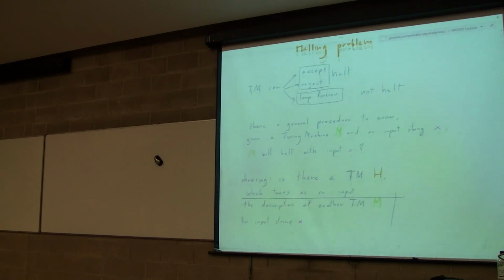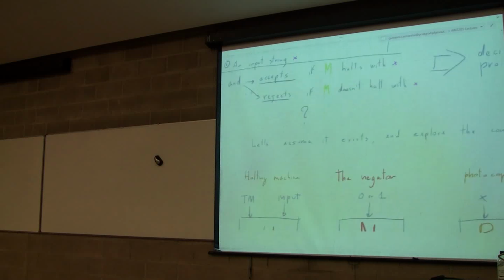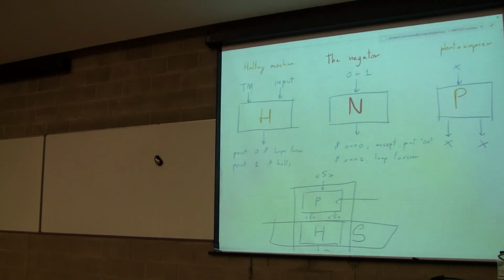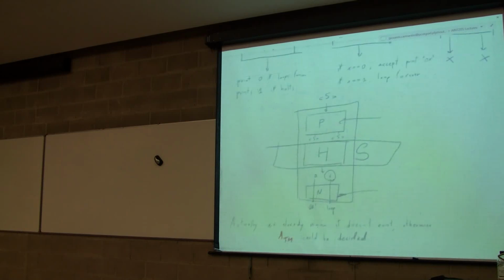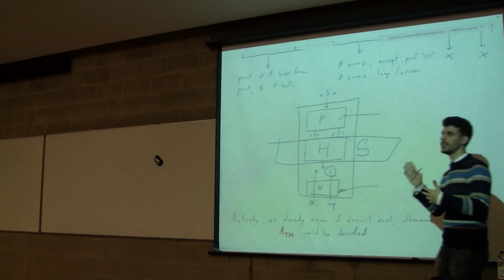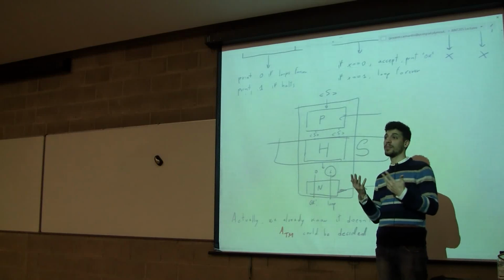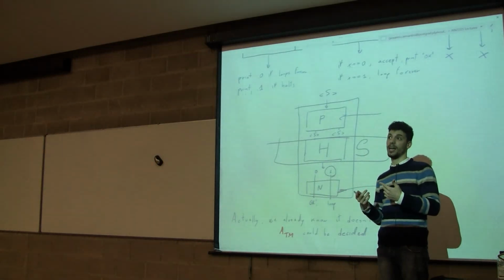So you have no general algorithm to know if another algorithm will stop, ever. That's quite powerful. That's a problem you would like to solve, right? It's not as abstract as the other problems I showed you.